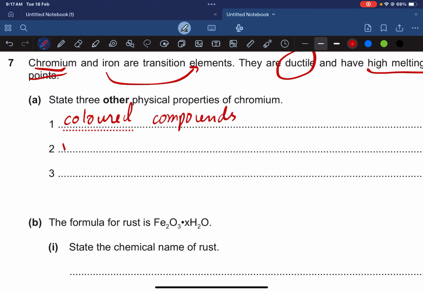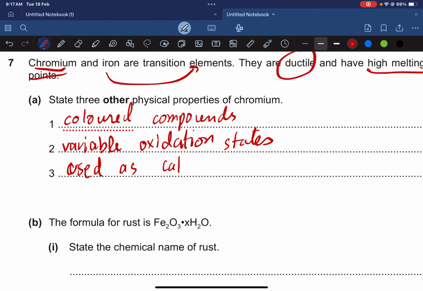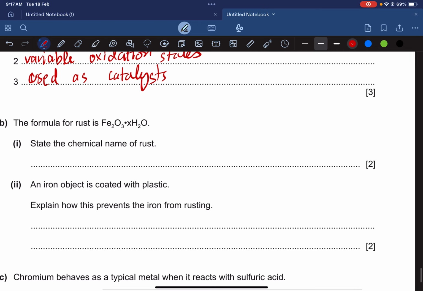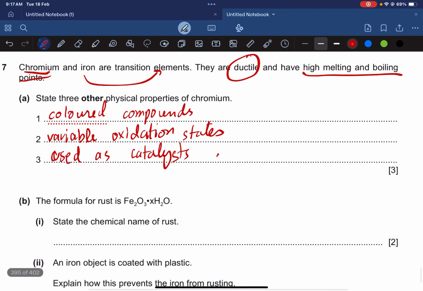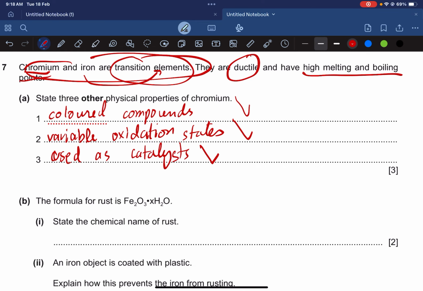They will have variable oxidation states. They can be used as catalysts. Done. All transition elements can be used as catalysts, have variable oxidation states and form colored compounds. That's simply the properties of transition elements I've stated over here.